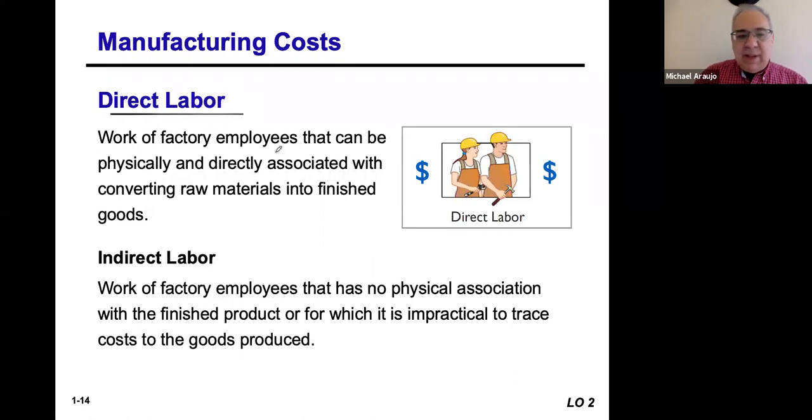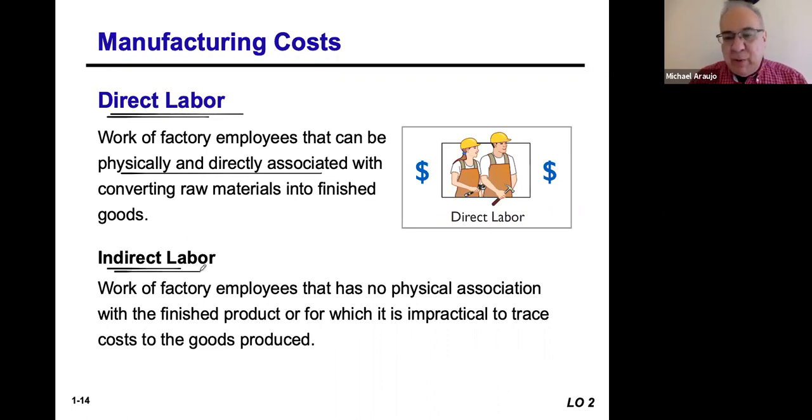Direct labor, these are folks that are directly creating the goods. So they are directly converting the raw material into the finished goods. They tend to be right on the factory floor, so to speak, doing that type of work. So they have a direct relationship in the creation of the product. And then you have indirect labor.